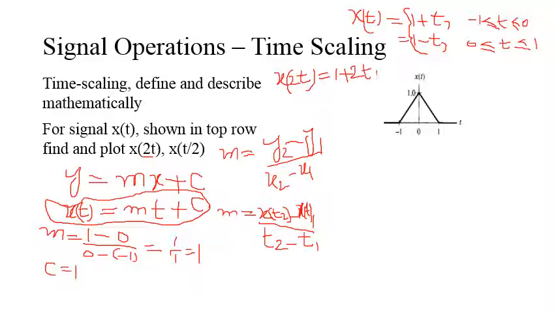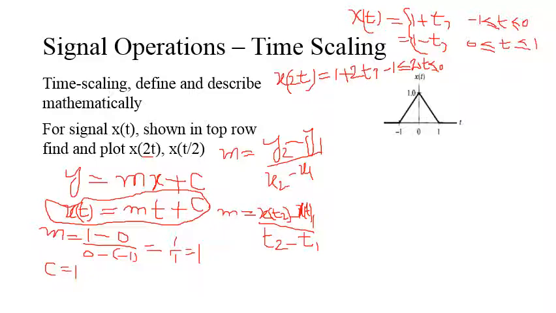And for the range, because I replace t with 2t, to make it t I will divide both sides by 2. I do it for the first part, and for the second you can do by yourself. So this is minus 1 less than or equal to 2t, because we have 2t here, and I get this.